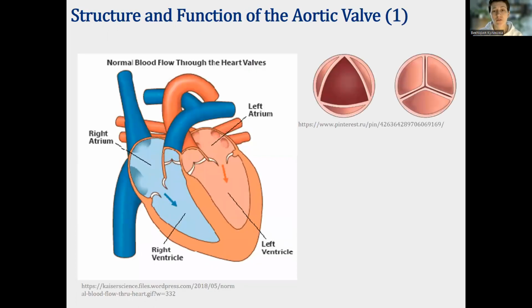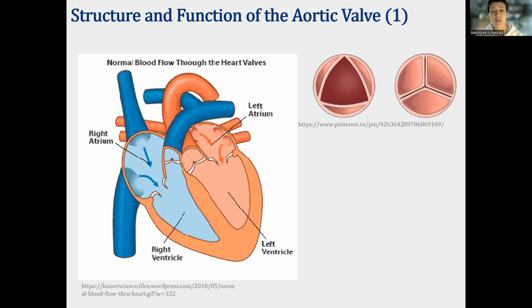So, the aortic valve consists of three half-moon-shaped pocket-like cusps. When the aortic valve is closed, the cusps are perfectly aligned and separate the left ventricle from the aorta.